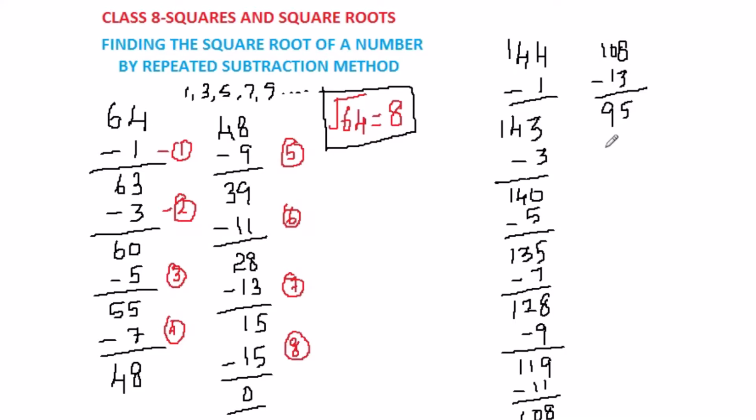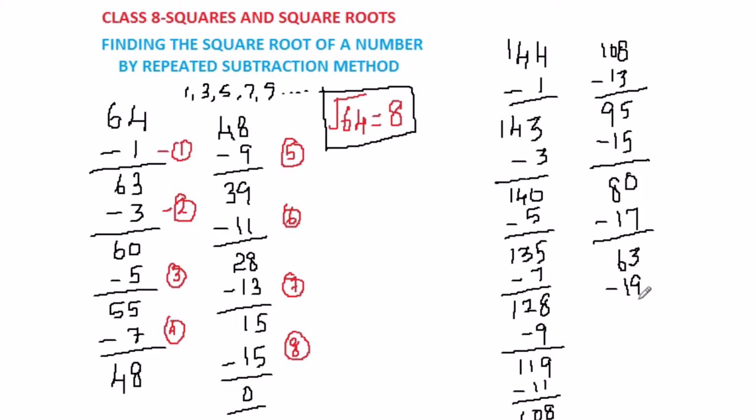Next, we'll subtract the next odd number, 15. We'll get the answer 80. The next odd number is 17. Subtract it: 63. The next odd number is 19.